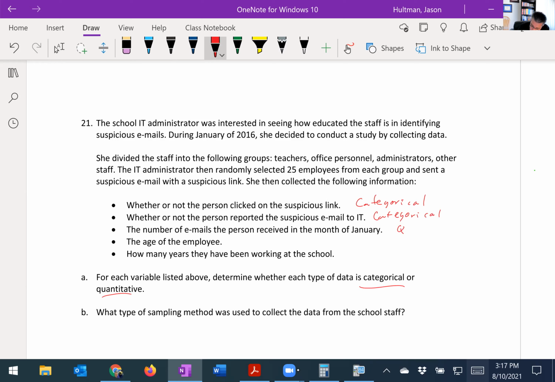But I'm going to go quantitative, with a caveat that you can only have whole numbers. Okay, the age of the employee, I'm going to say that's quantitative. That also is going to be whole numbers. And how many years they've been working at the school, that's also quantitative.